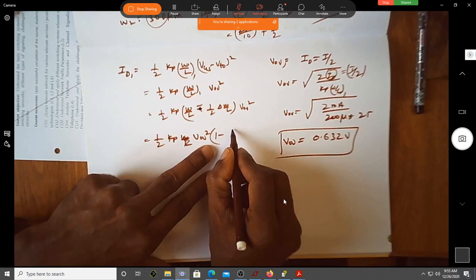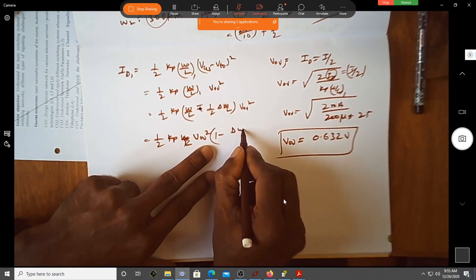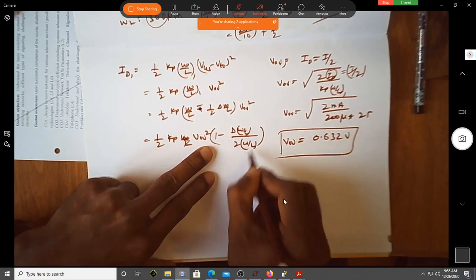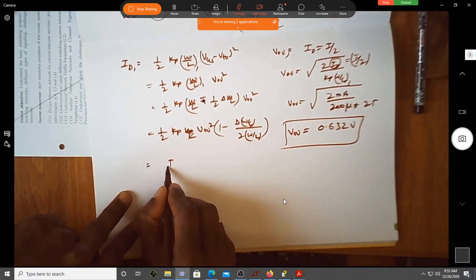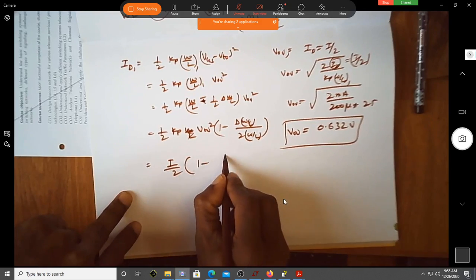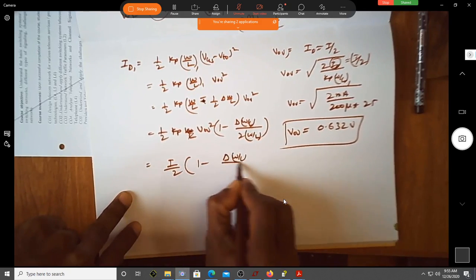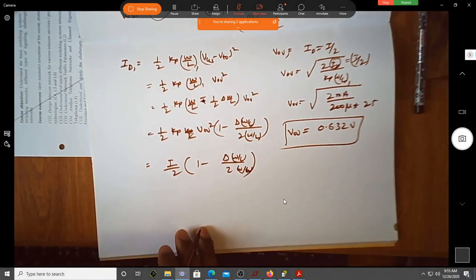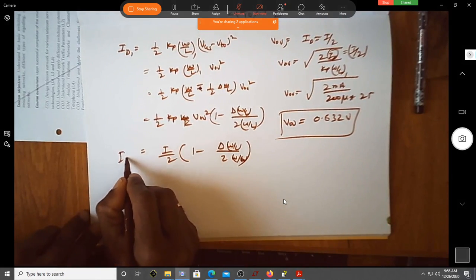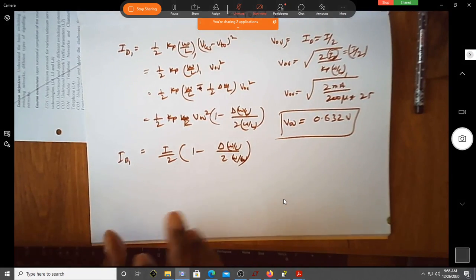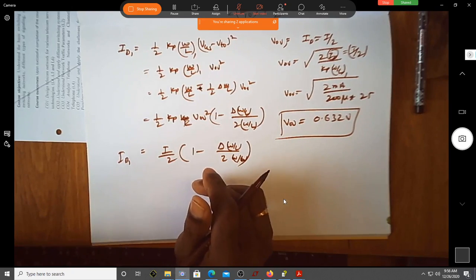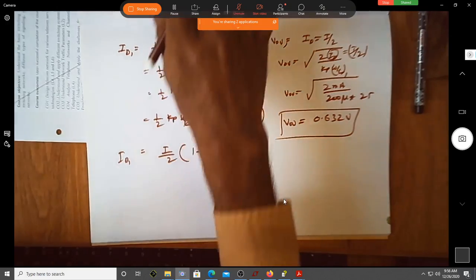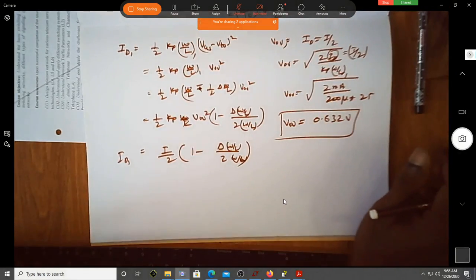It is 1 minus delta W by L by 2 into W by L. Is it not I by 2 times 1 minus delta W by L by 2 W by L? We just defined one term. What is the term? Change in current due to this mismatch. What was the current that would have flowed in the MOSFET if there was no mismatch in the W by L?